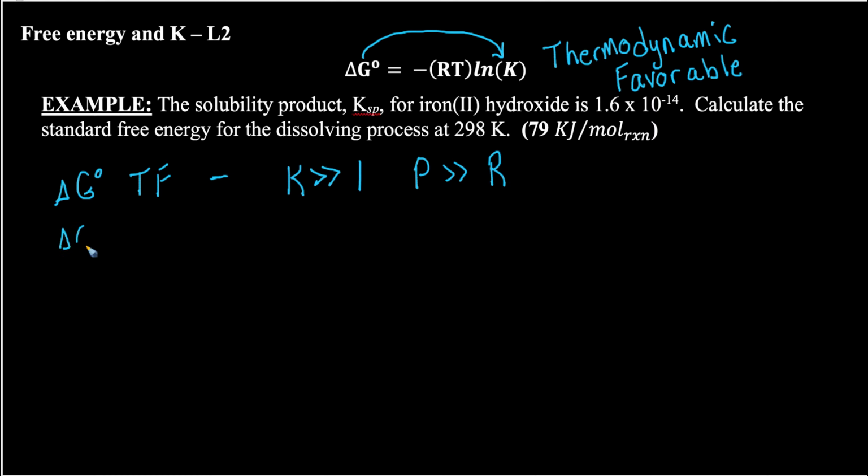Now, delta G naught being thermodynamically unfavorable, it's positive, K would be much less than 1, and that's because overall you're not making much product under those conditions.